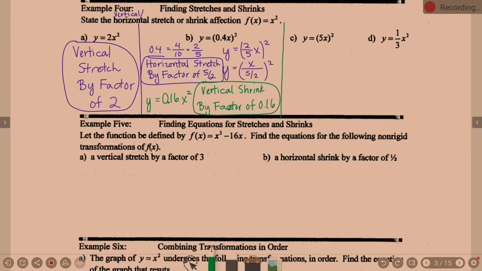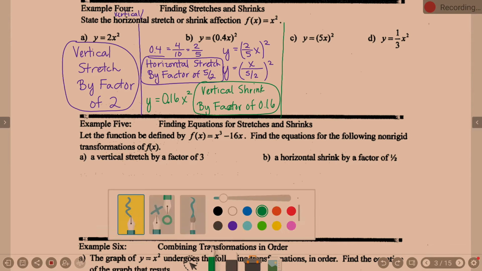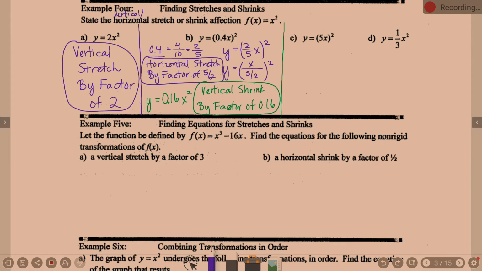You would just put x over 1/5. Where'd you get the 1? You have to do the reciprocal over 1. Oh, the reciprocal. Okay, never mind. I got it.